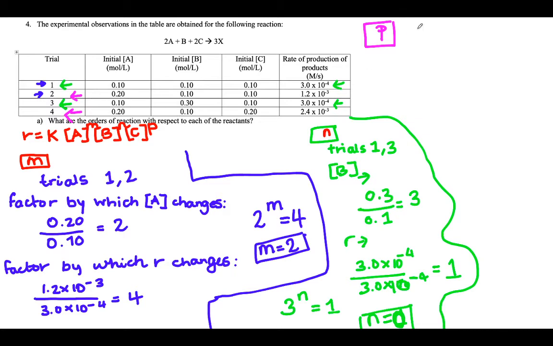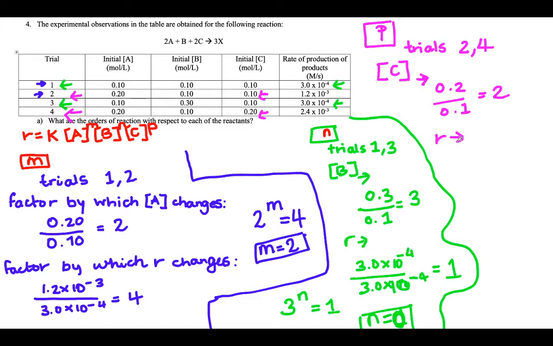Let's find, so I'm going to write trials 2, 4. If I'm looking at the factor by which the concentration of C changes, I will do 0.2 divided by 0.1. I'm going to choose trial 4 to be the numerator. I get the factor 2.